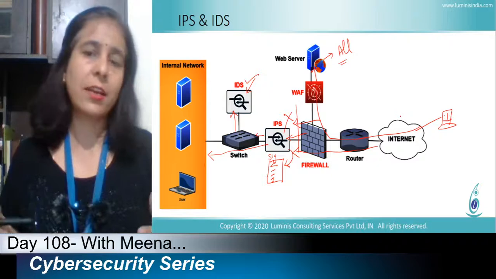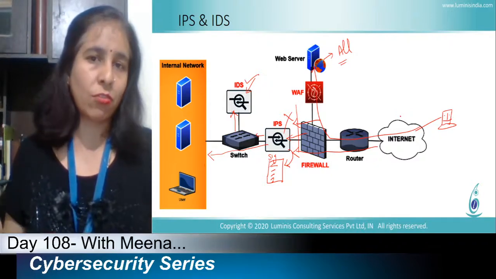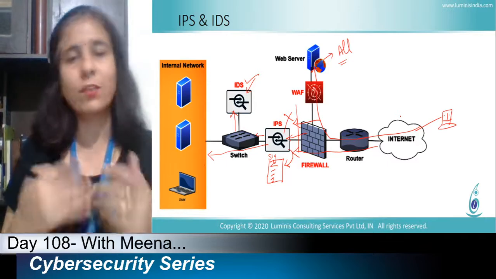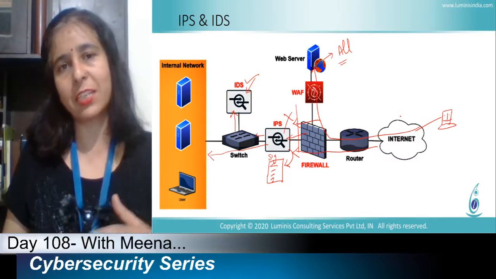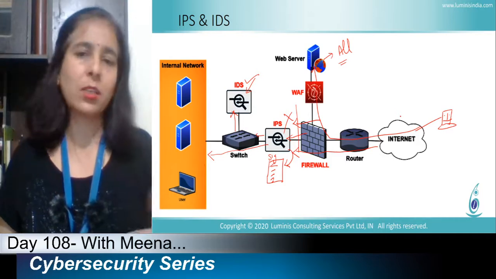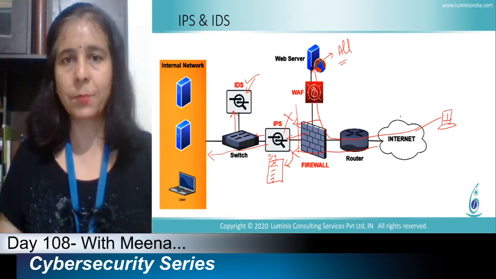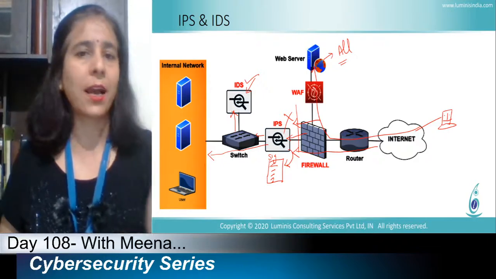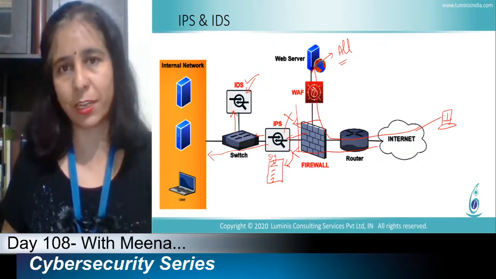Clear? Nowadays there are a lot of next generation firewalls that also include the functionality of IPS and IDS, along with firewalls and many more things. So we can use IDS and IPS to protect our network from multiple kinds of attacks.